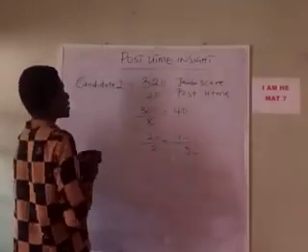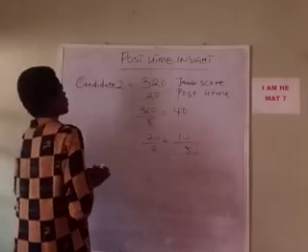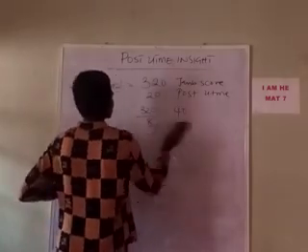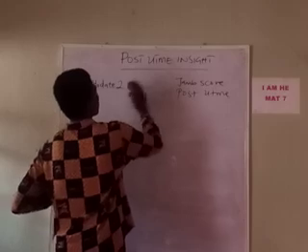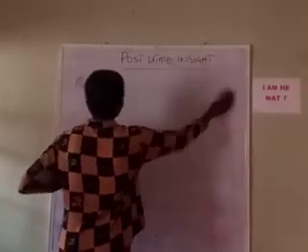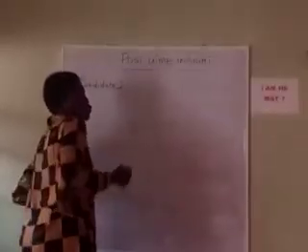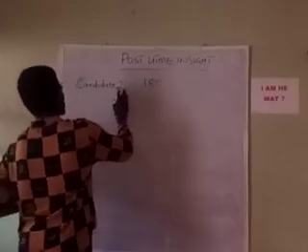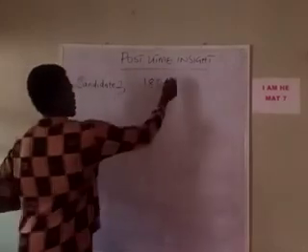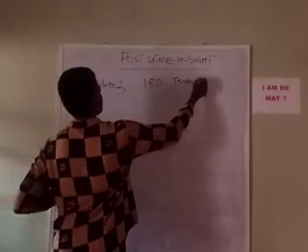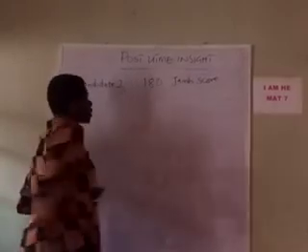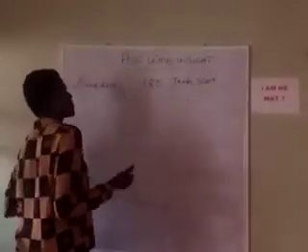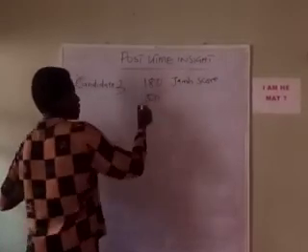Okay, so let's say candidate 3 had a low Jamb score of probably 180 or 200. Let's say 180. Candidate 3 scored 180 as Jamb score and scored let me say 50 in the position.